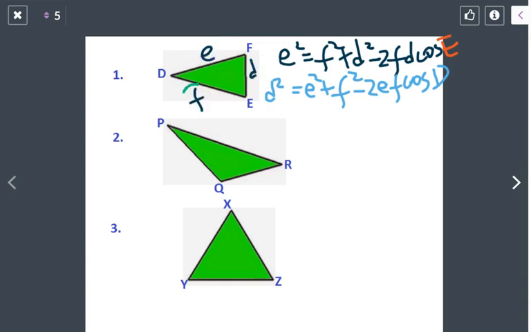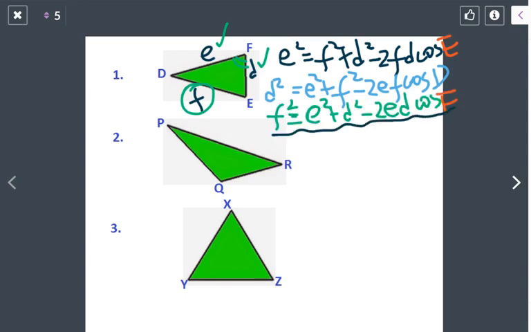F squared equals E squared plus D squared, then subtract 2ED cosine F. I wrote it down over here for you to see. So can you do number 2 and 3 using this pattern?